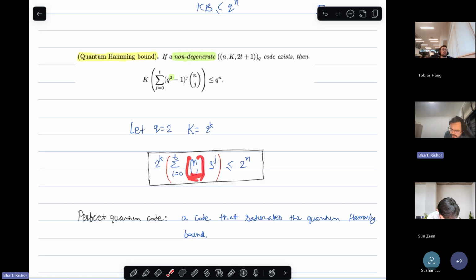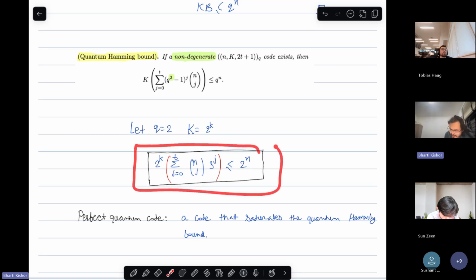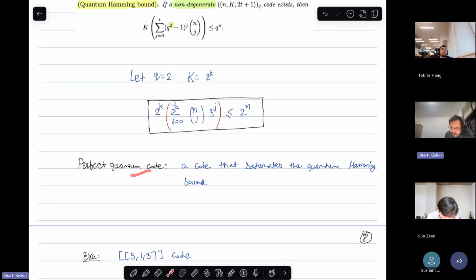Then 3 to the j basically tells you the number of possible ways errors can happen: X error, Y error, or Z error. You multiply that with the code space, and that should be upper bounded by the size of the Hilbert space. That's what the Hamming bound basically says. And a perfect quantum code is a code that saturates the quantum Hamming bound.